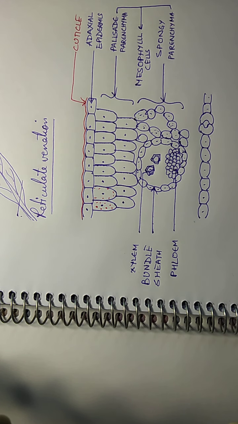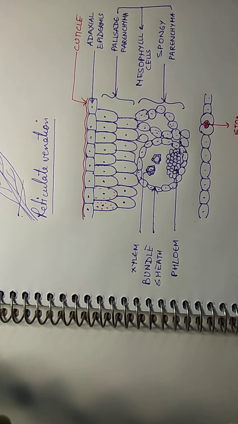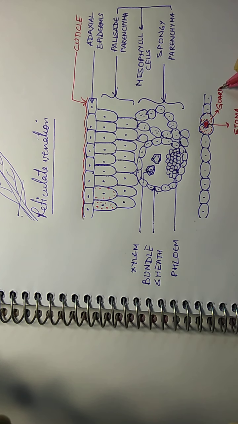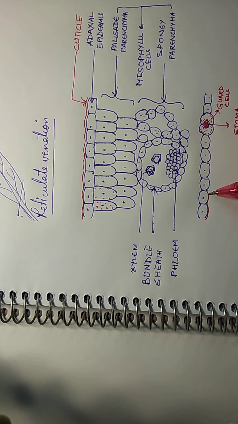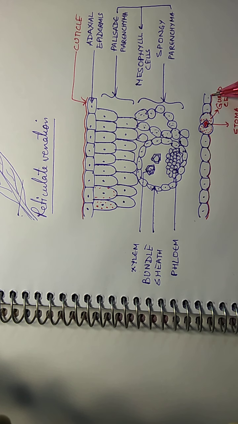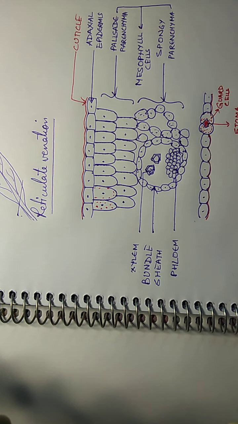The pore-like structure is actually the stoma, and the bean-shaped cells around it are called guard cells. They also have a deposition of cuticle over them, but this cuticle deposition is quite thin compared to that of the upper layer. The cuticle is actually absent over the guard cell so that gaseous exchange can take place.